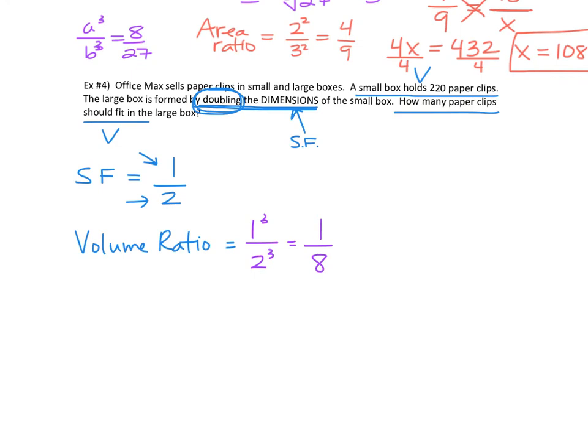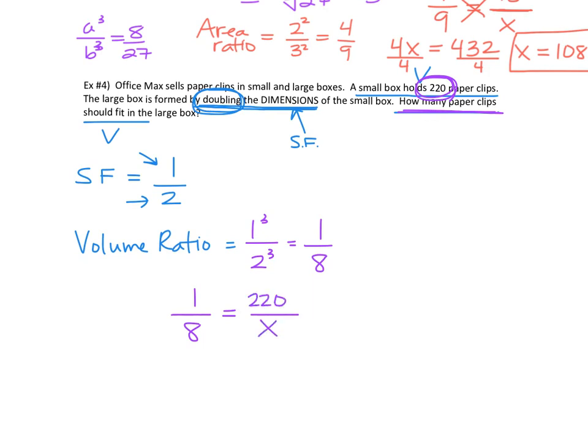Okay, so now look at what they're asking you. How many paper clips, volume, will fit in the large box if we know that 220 are in the small box? We're going to set up a proportion. So 1 over 8 equals, where is that 220 going to go? If it's the small box that holds 220, it's going to go across from the smaller number.